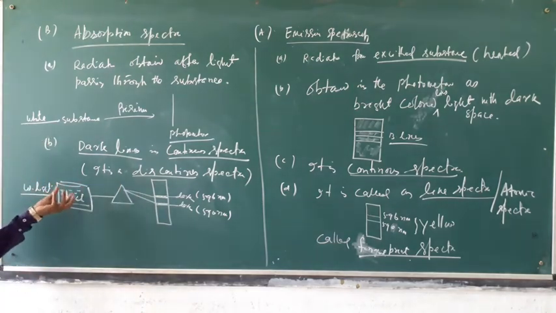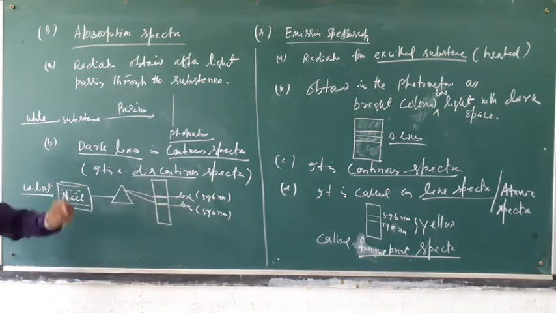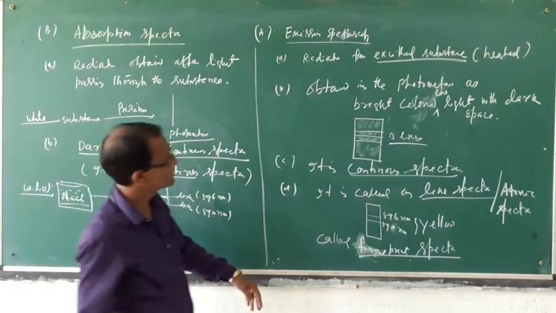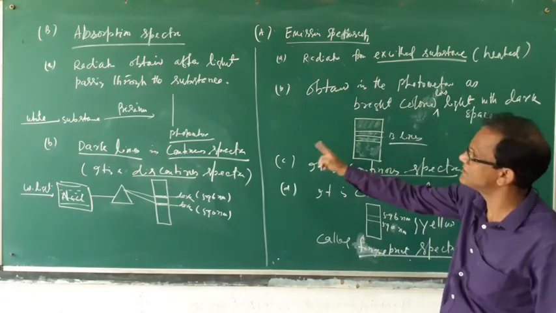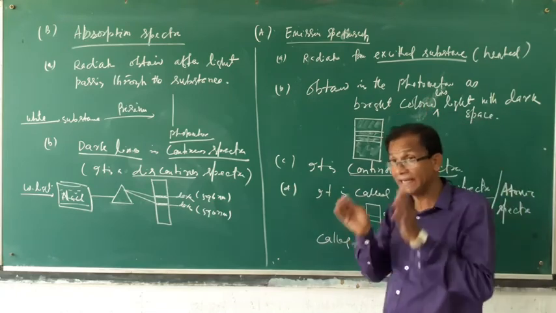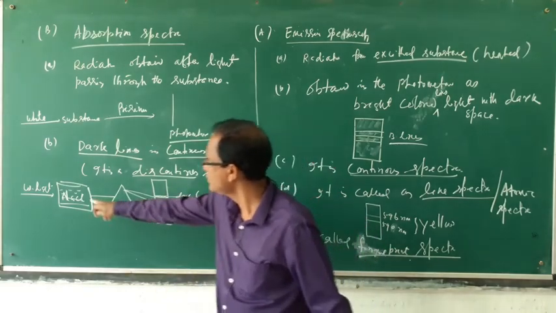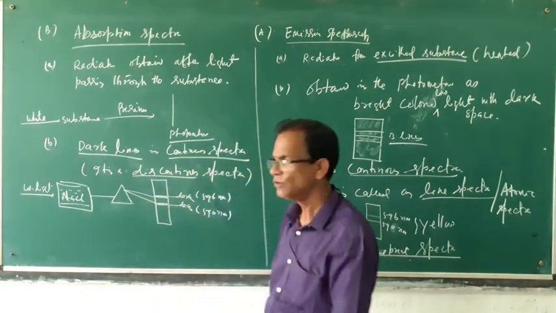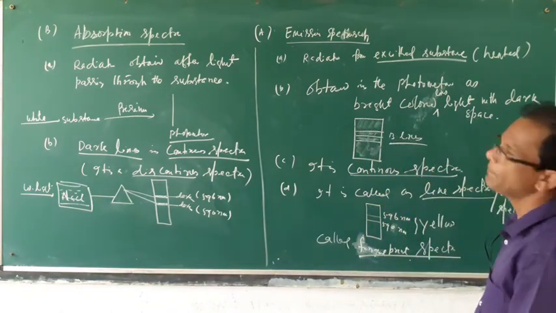Because this particular wavelength of light is absorbed by sodium chloride. Bright lines are produced in emission because the light passes directly through the prism; no absorption takes place. Here the particular wavelength of light is hidden by the substance due to absorption. This is the main characteristic of absorption and emission spectra.